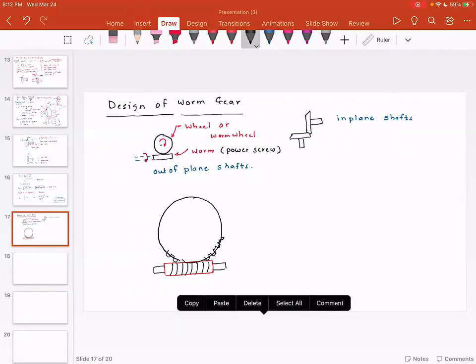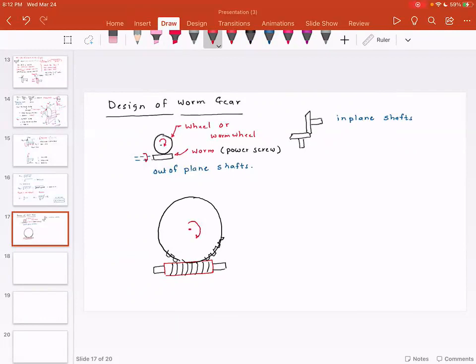The biggest advantage of worm wheel drive is very high reduction ratio.